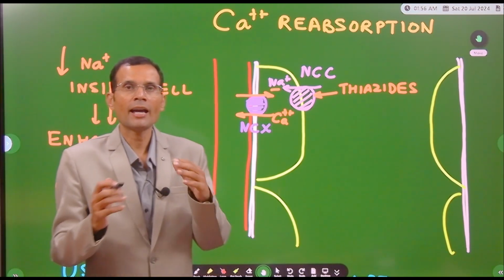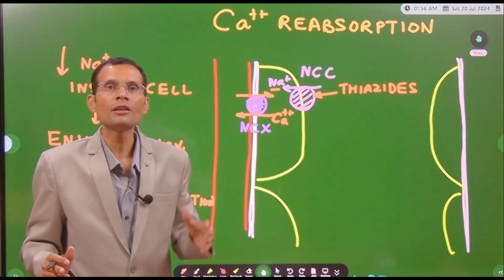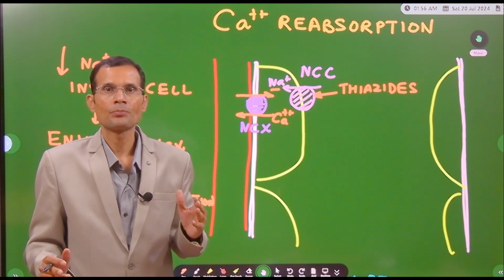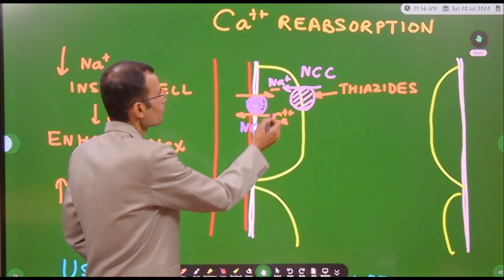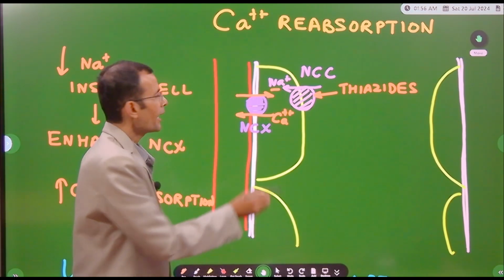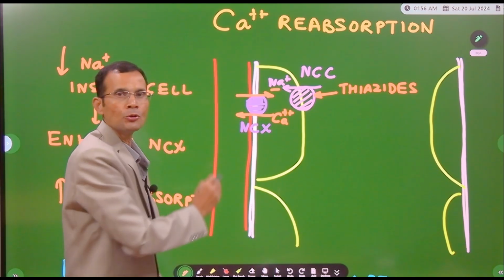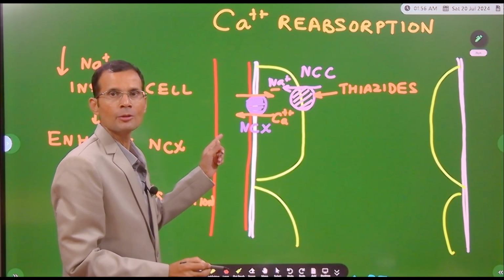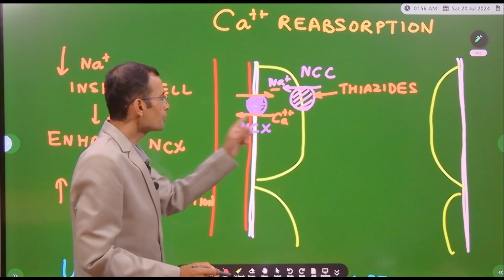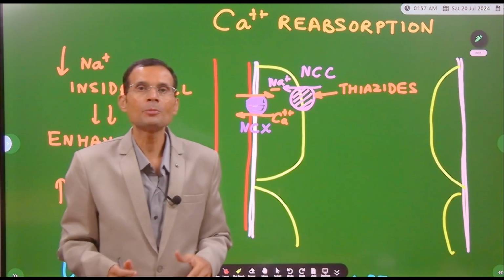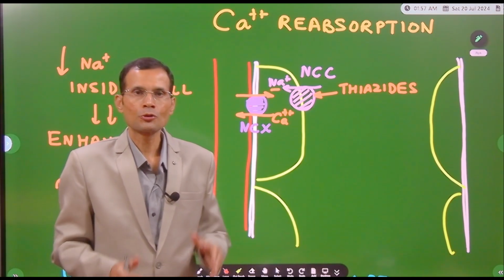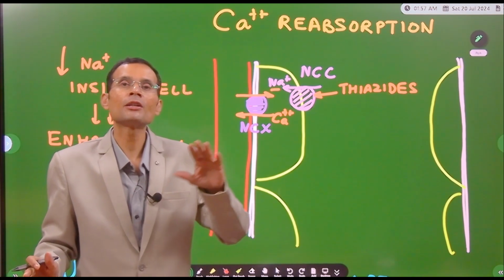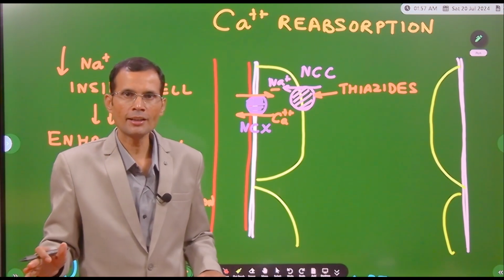That means the NCX activity will enhance. So enhanced activity means sodium will come in and calcium will be driven out via the basolateral membrane. And since that happens, calcium reabsorption will increase. So this is quite a differentiating feature between loop diuretics and thiazide diuretics.